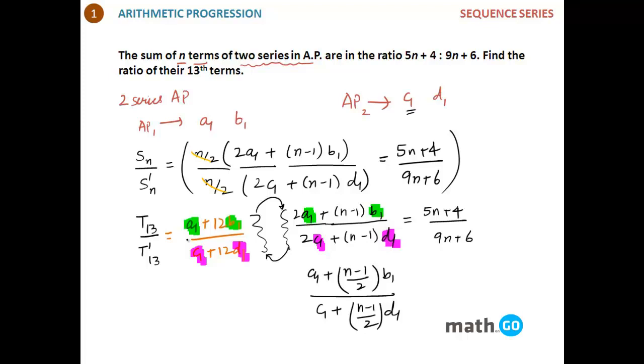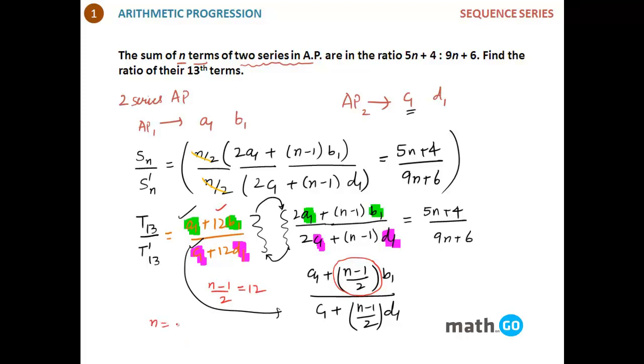Now if you compare these two terms, a1 and c1 are right, b1 is at its place. The only thing which we require right now is that if this particular stuff now matches up to 12, we get our answer. So the thing which is required to be solved here is n minus 1 by 2 should be equal to 12.